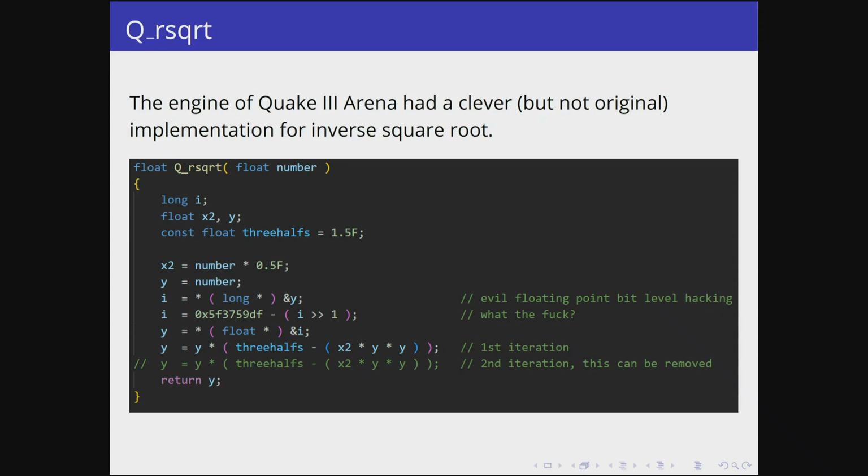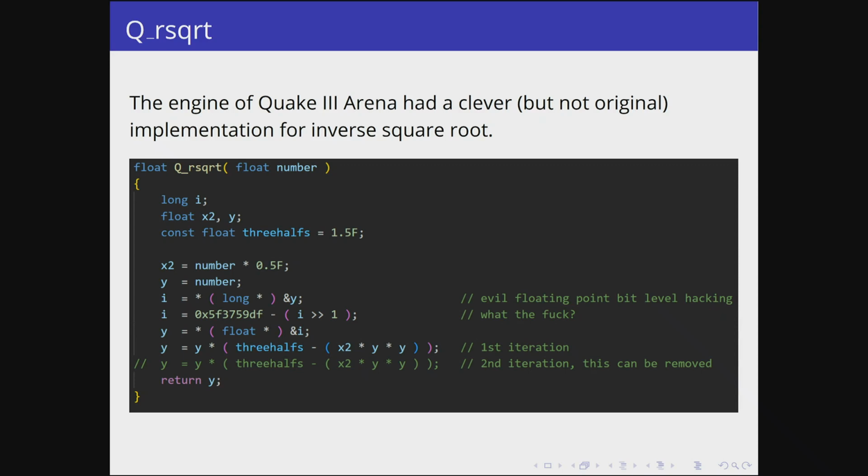So if we look at the first 3 lines, they just define some constants and variables. In C, back then, you had to put all your variables at the top of the function. So you cannot declare variables after you started computing. This is still true for some C standards, but we are not going to talk that much about them. Then they put in the variable x2 the number that we entered times half, which is dividing it by 2.